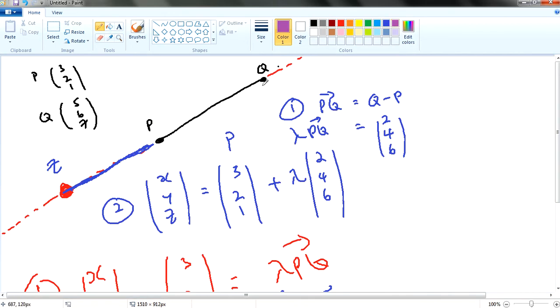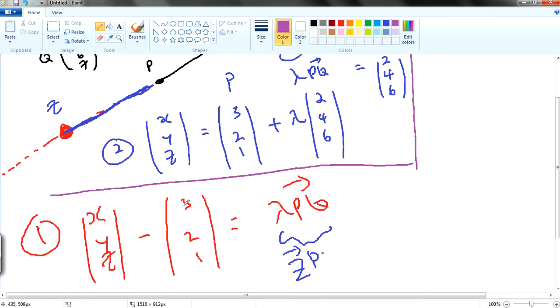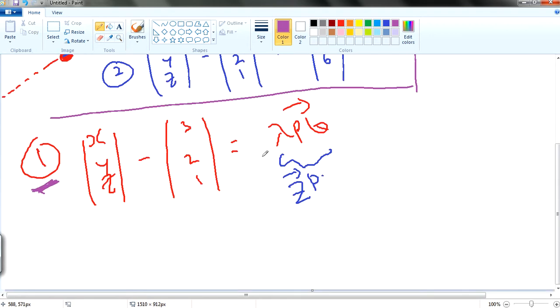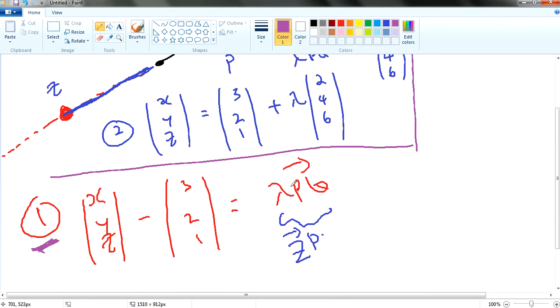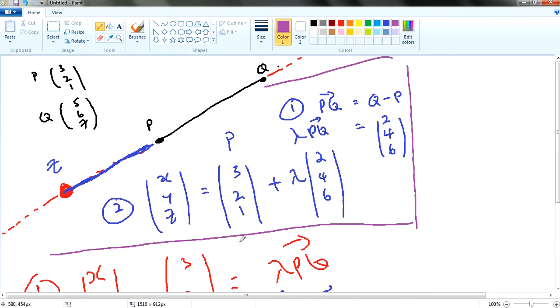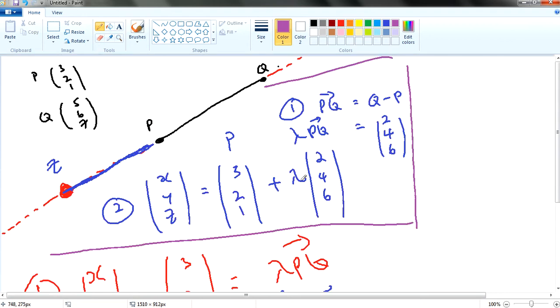This describes the relationship between a random point on a line that passes through PQ, and after which we determine the relationship. You first find your PQ, and then you sub it inside.